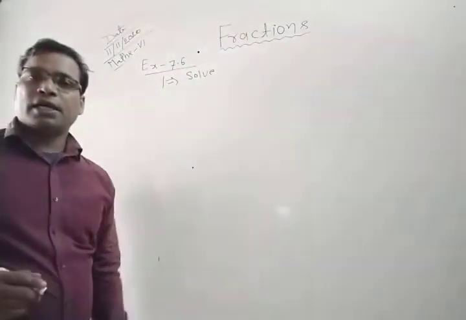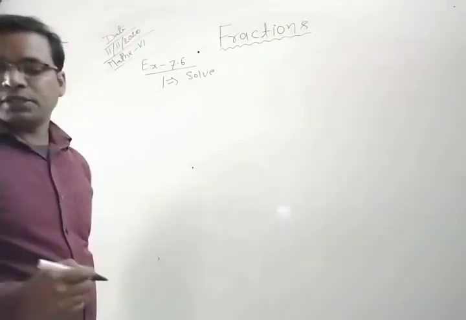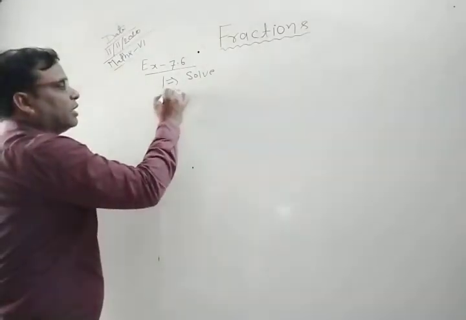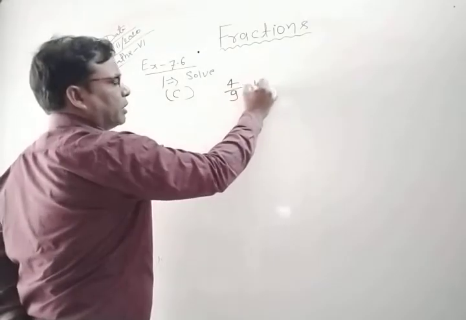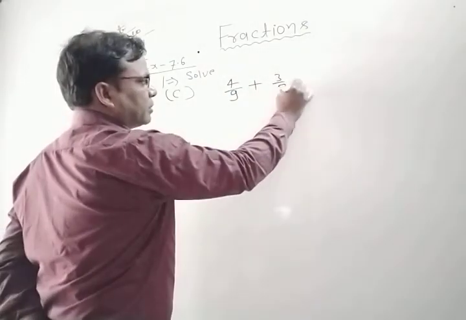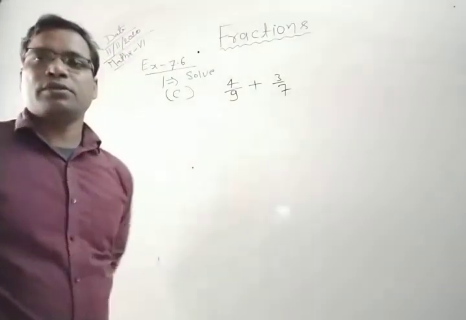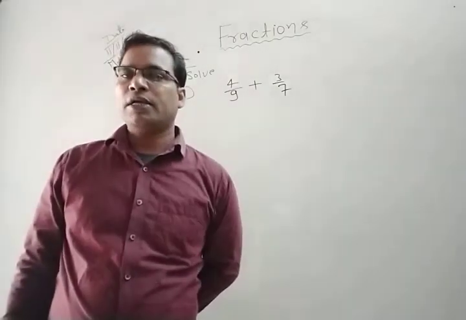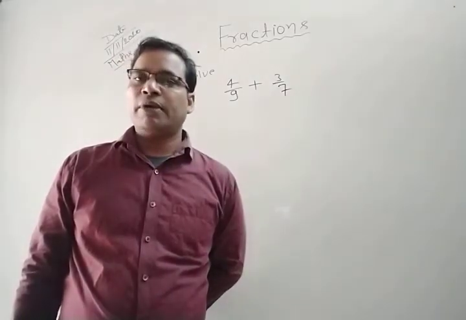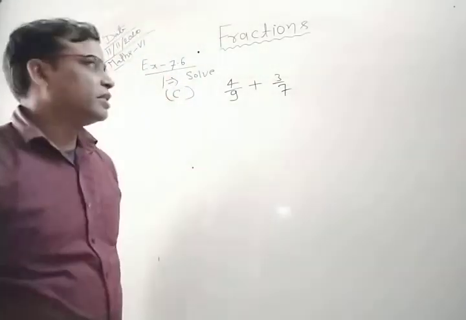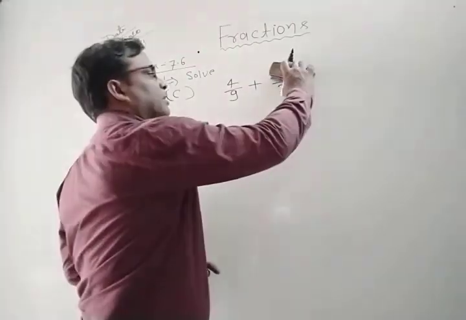The C part is 4 by 9 plus 2 by 7. Clear? So let's see how we can solve the C part of this question. 4 by 9 plus 2 by 7 is given here.